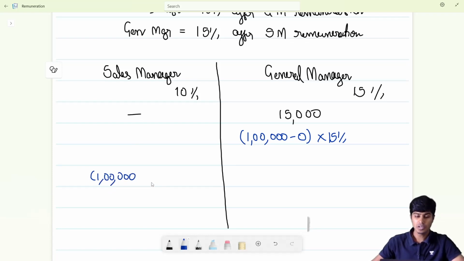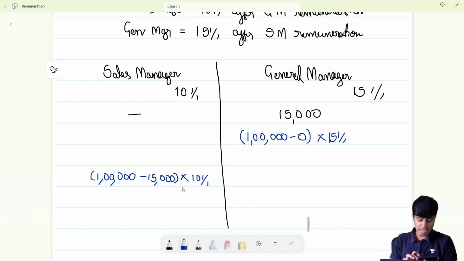It will not be 0. It will be 1 lakh minus 15,000 multiplied by 10%. Let's quickly take a calculator and figure it out. 1 lakh minus 15,000 into 10% gives me 8,500.